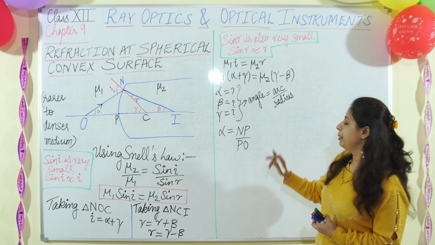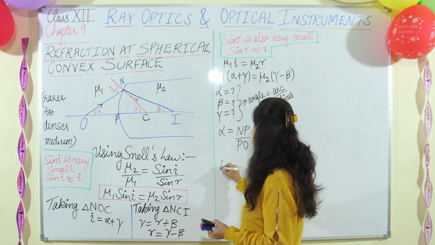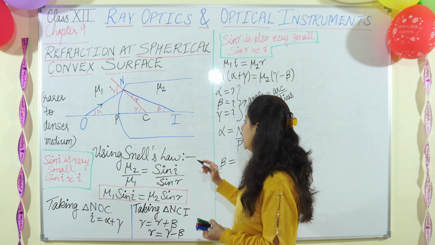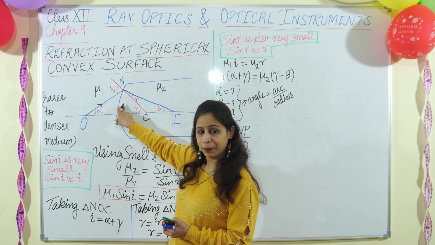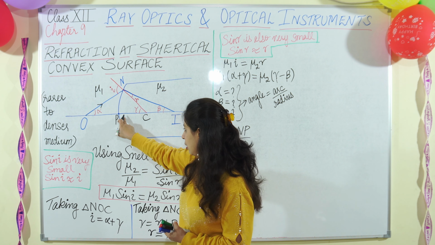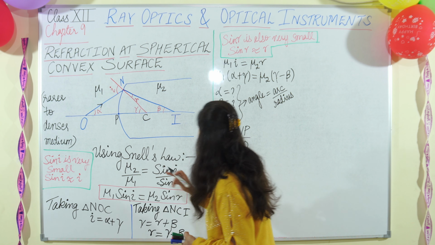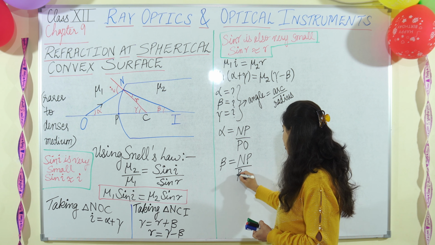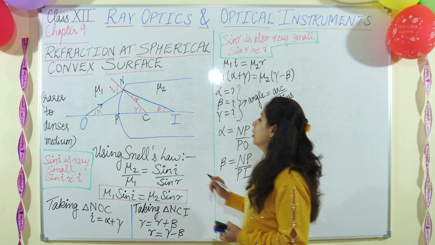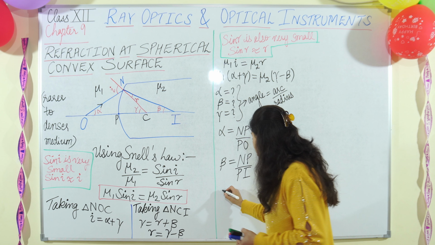Then for beta, the angle is over here. So the arc will be again NP and the radius will be PI. So beta is NP upon PI. Then gamma.